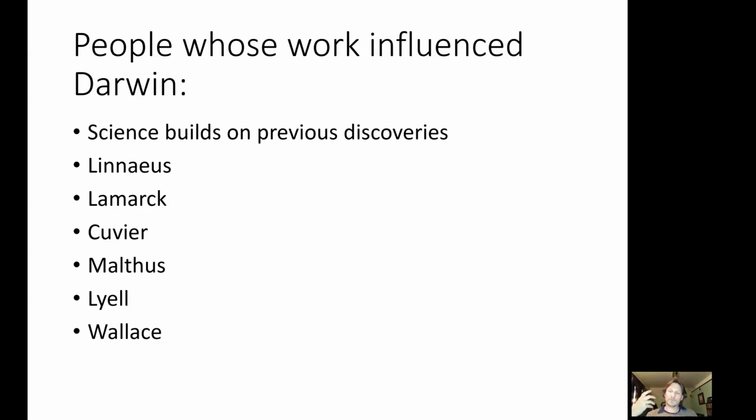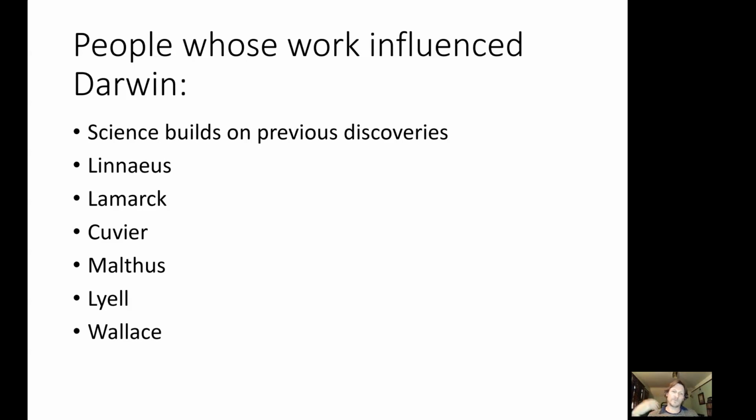Some of the names you may have heard before. Linnaeus, we go over in our very first lab on systematics, so you may have already heard about Linnaeus. Lamarck had his own theory on evolution. Cuvier studied paleontology. We have Malthus, who's a population sociologist looking at Paris.